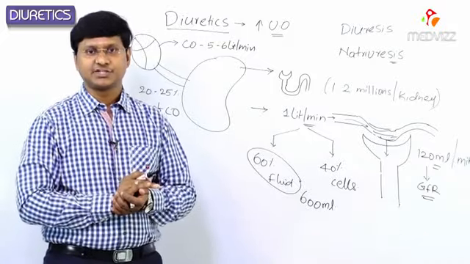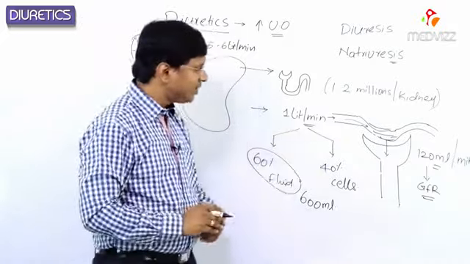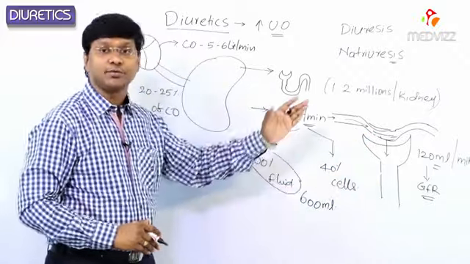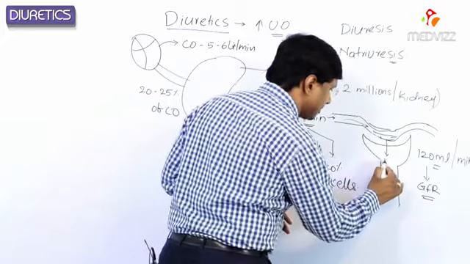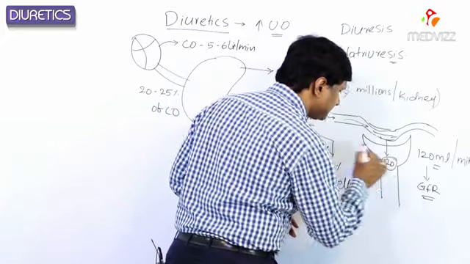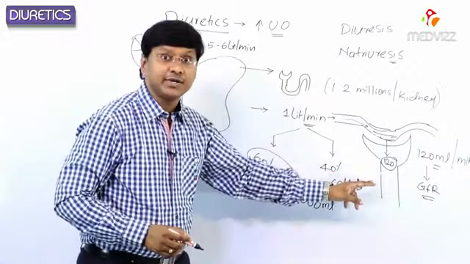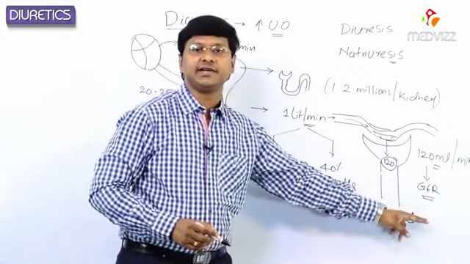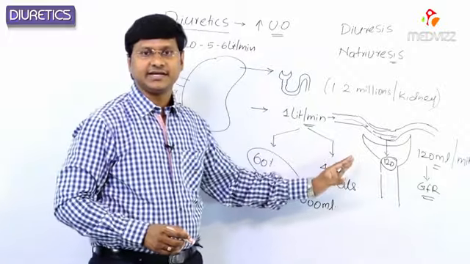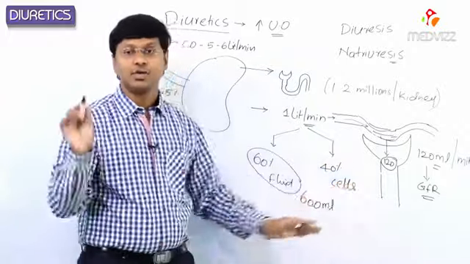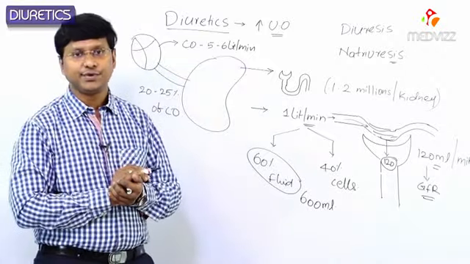Now remember the next point. How much fluid is filtered from the glomerulus to the Bowman's capsule? Nearly 120 ml. Now this entire 120 ml will not be excreted in the form of urine.